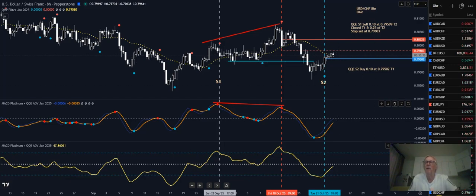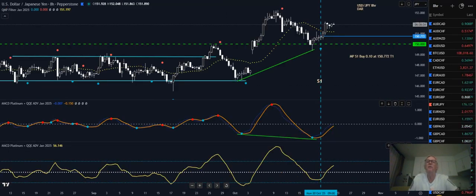And the last one you probably can't see on the watch list is the USD Japanese yen in a buy. It was an MP buy based on hidden bullish divergence, which I'm going to take. MACD platinum below the 0 level, there's a hidden bullish divergence. Also got support at this big round number, which is the 150 level. So I've taken this buy here, and it's just gone up nicely.